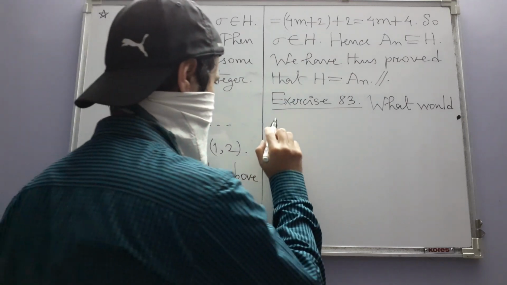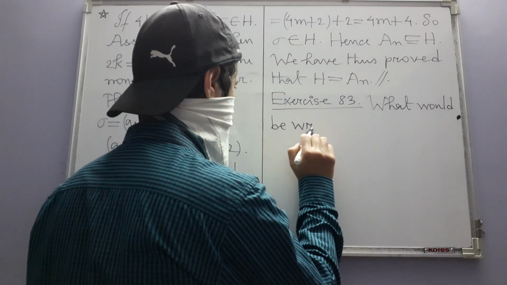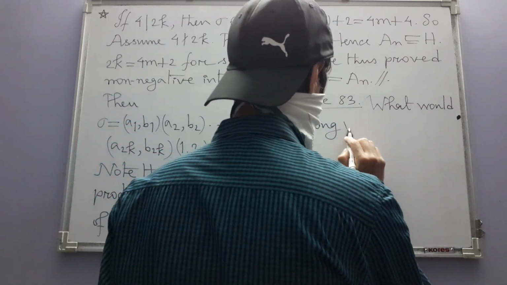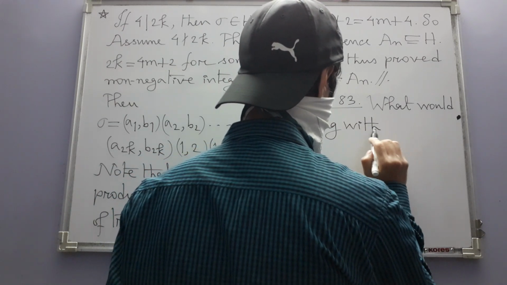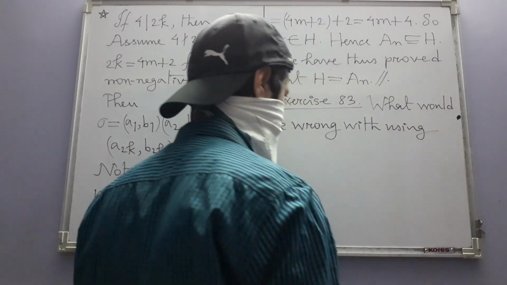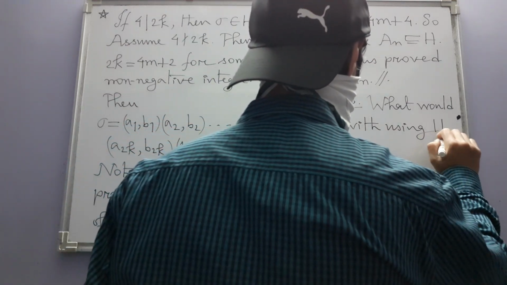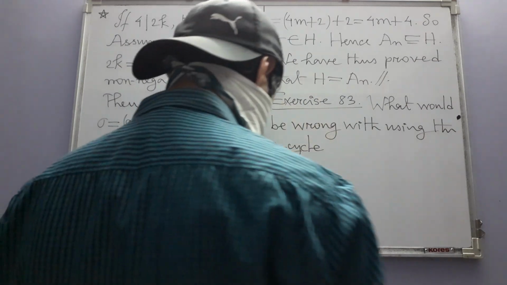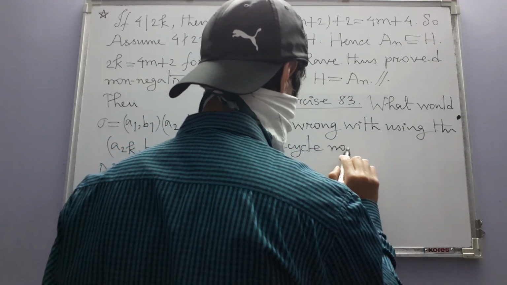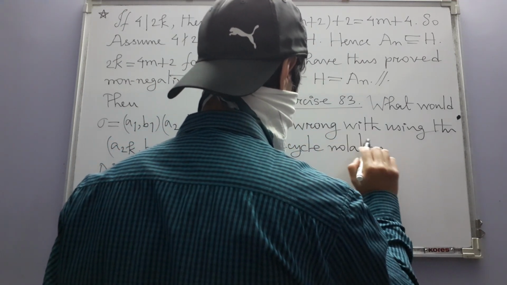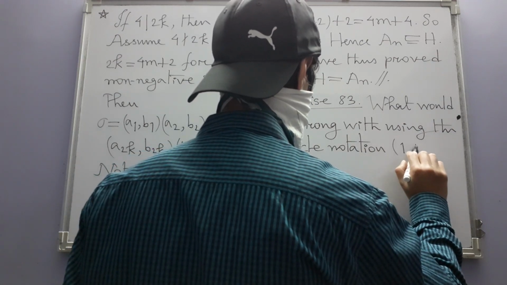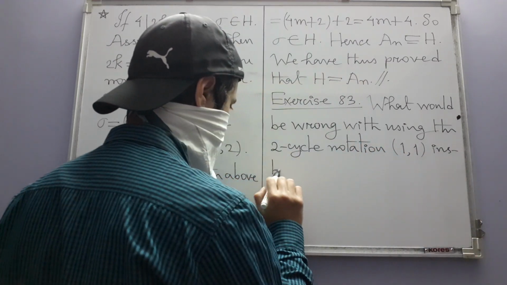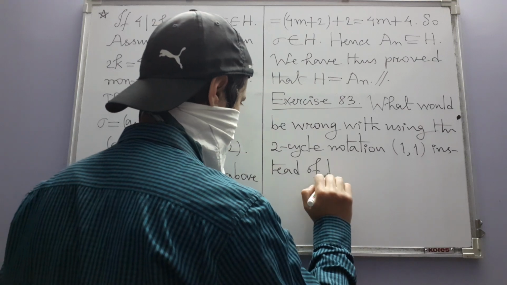What would be wrong with using the two-cycle notation (1 1) instead of the one-cycle notation?